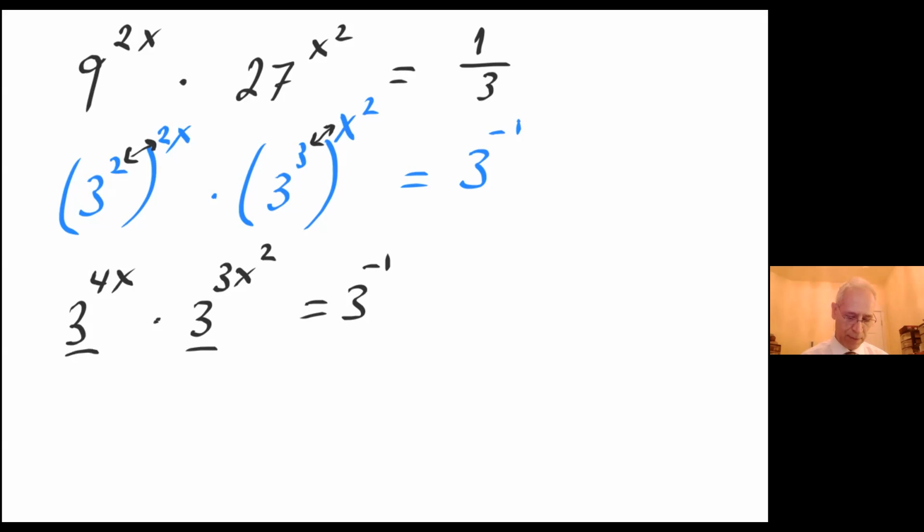So this is the same as 3 to the power of 4x plus 3x squared equals 3 to the power of negative 1. Remember that this base is the same as this base. And once again, this equal sign demands that if the bases are the same on both sides, then the powers must be the same.